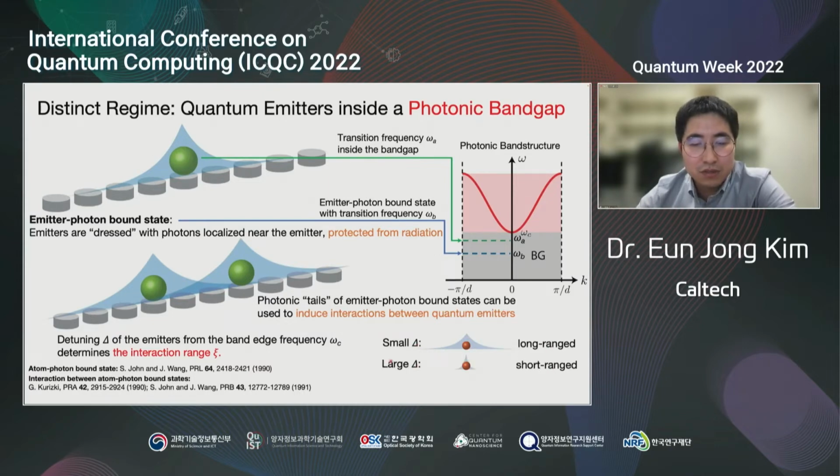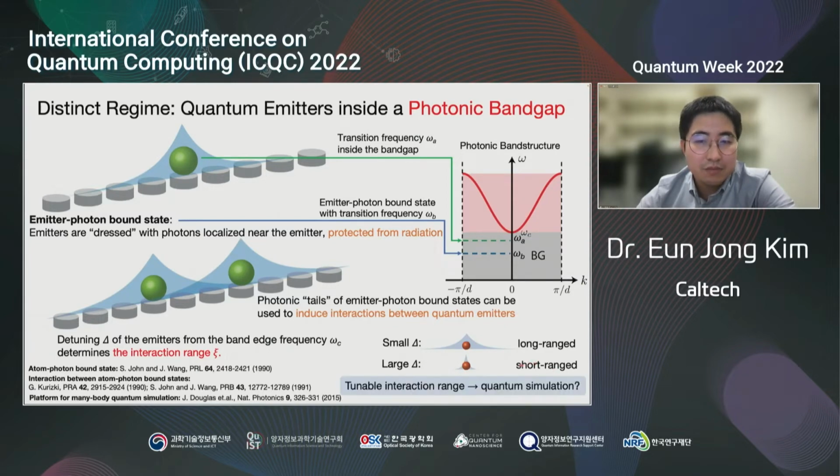Similarly, large detuning, meaning if you're tuned deep inside a bandgap, makes the photonic envelope more localized, realizing a short-range interaction. And it was proposed that such tunable interaction range can be harnessed to realize a platform for simulation of quantum many-body physics.